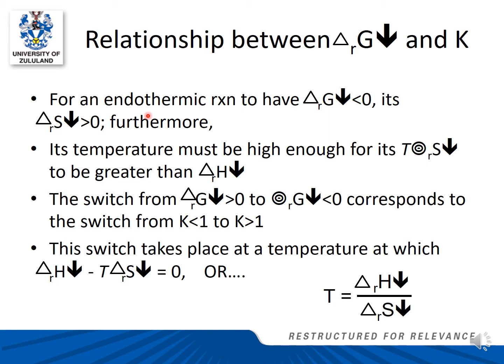This switch normally takes place at the temperature at which ΔH minus TΔS is equal to 0, or we can say that temperature is equal to the enthalpy divided by the entropy.